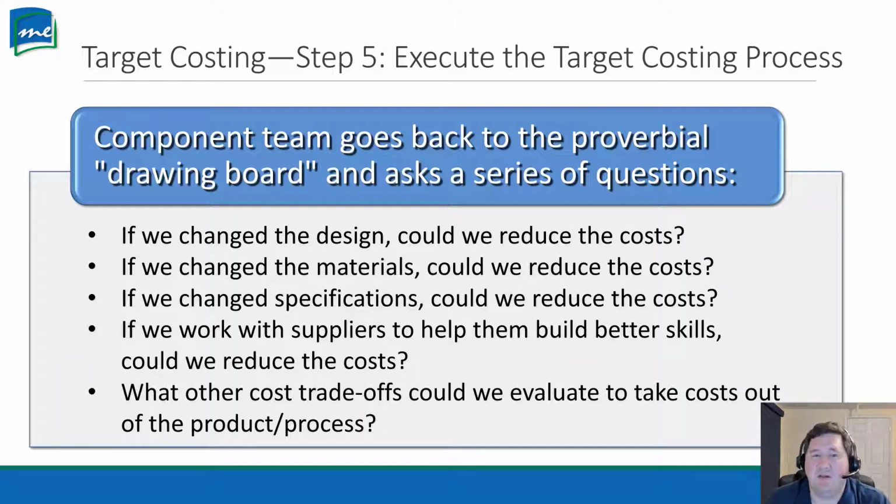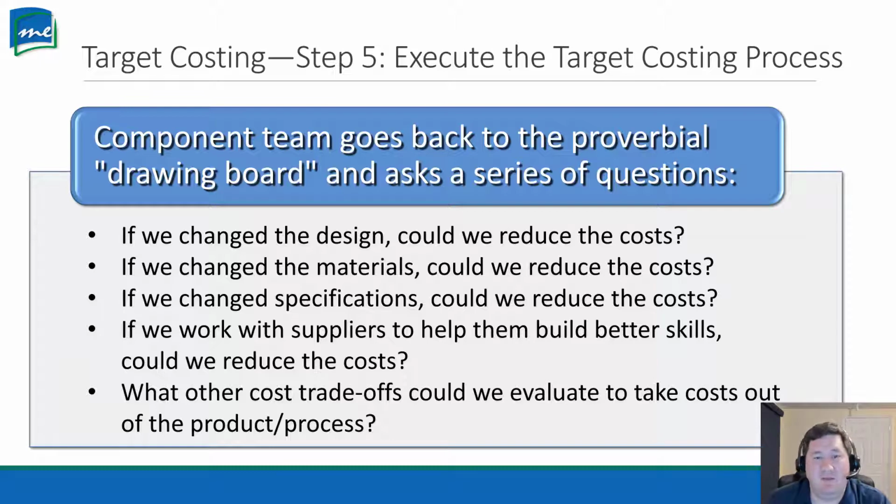If we work with our suppliers to help them become better, that could reduce costs, right? And then we have other trade-offs that we could do too. Do we do direct to customer sales, or do we go through retailers? All these things play into what we might do when we go back to the drawing board on this product.